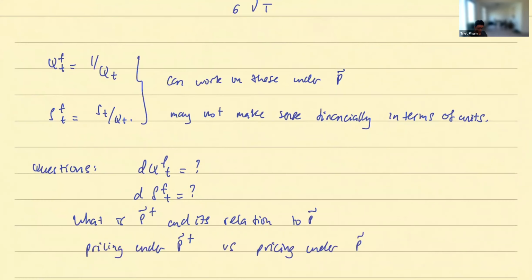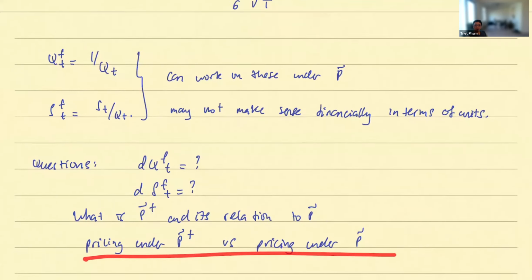Because some of these products may be related. For example, a call option on an exchange rate on one side is intuitively connected with a put option on the exchange rate on the other side. Like a call option on the euro dollar exchange rate will in a way be equivalent to a put option on the US euro exchange rate, so we'll see that. But what kind of connection can we put there?